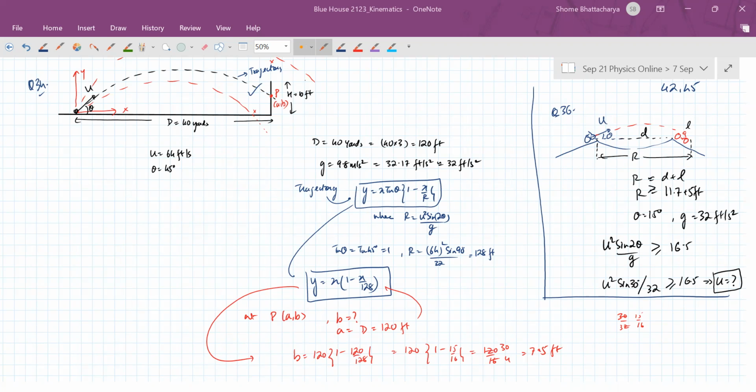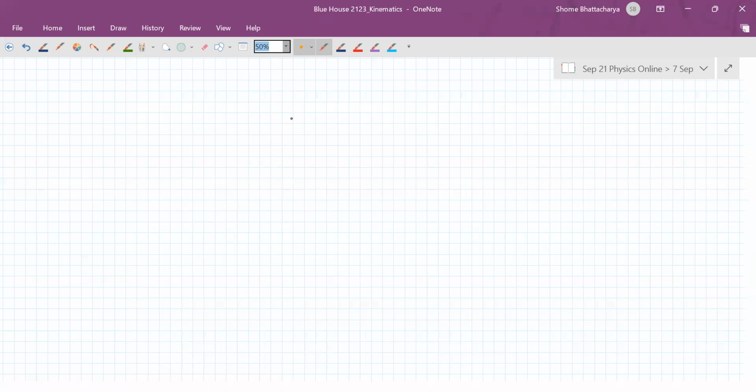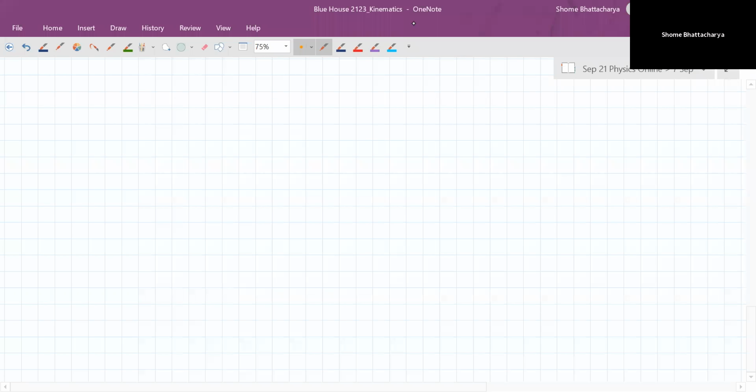Is anybody getting the answer? Okay, so continue working on it. I'm just making the diagram.